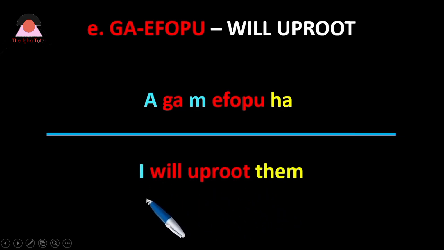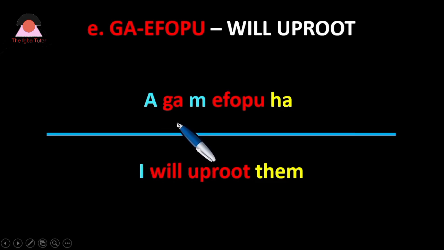When you are using I in Igbo, it always comes this way: agam. Sometimes this changes to a before what follows here, especially when this vowel changes to a heavy vowel like E. This will change to E before the personal pronoun here. All right? Don't ask me why it is like this.